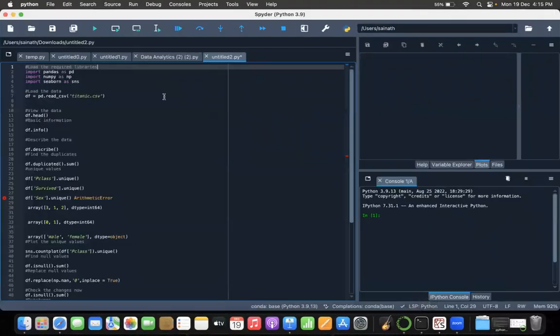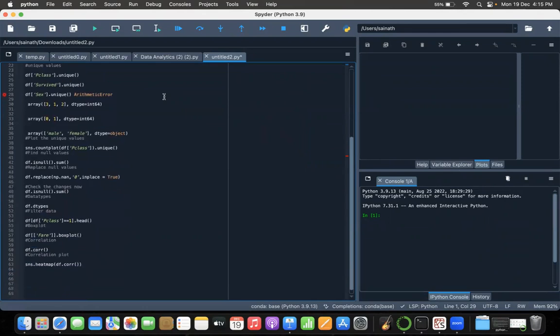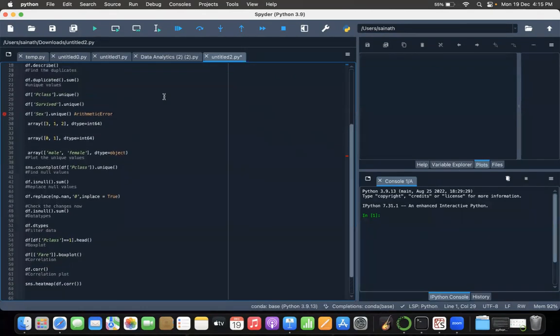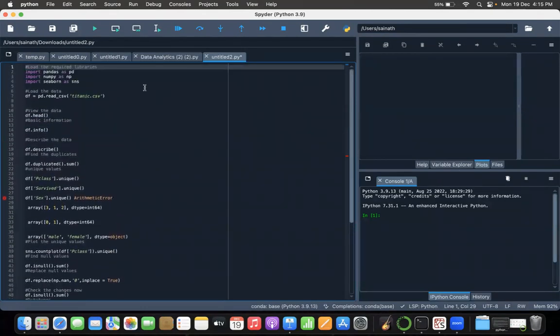So when we move on to the coding part, before starting all these things, let me explain a little bit about Python and the libraries.